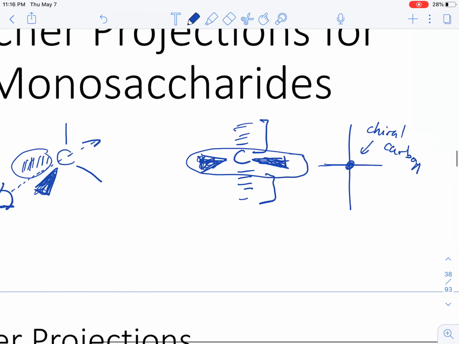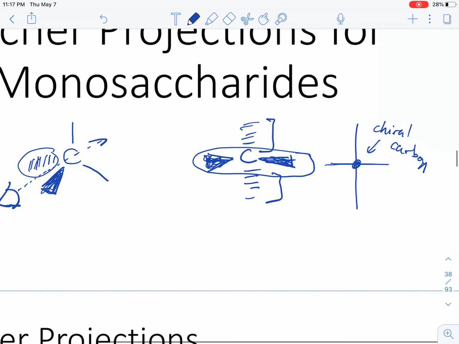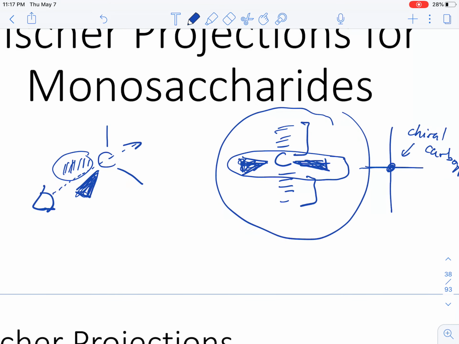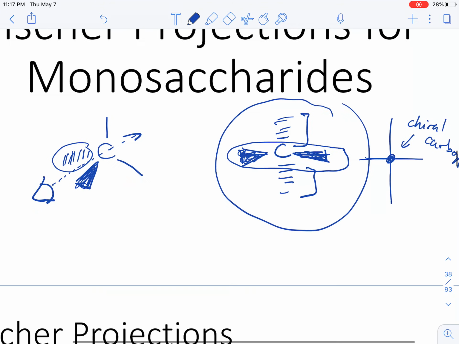And so this is basically the premise of a Fischer projection. Our perspective is that we're seeing two bold and two dashed, and we're going to represent those bold and dashed lines as either a vertical or a horizontal line.